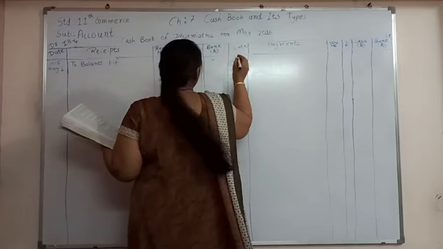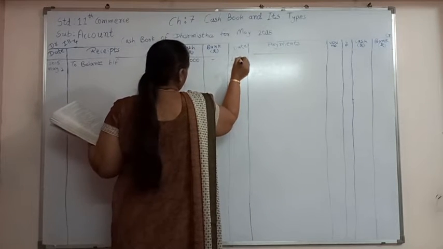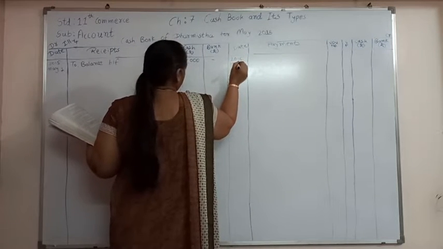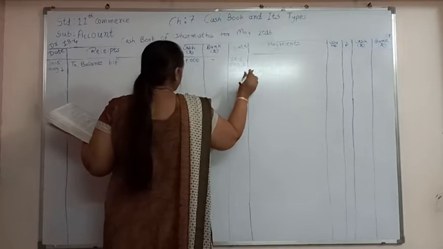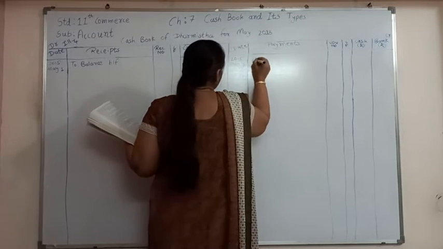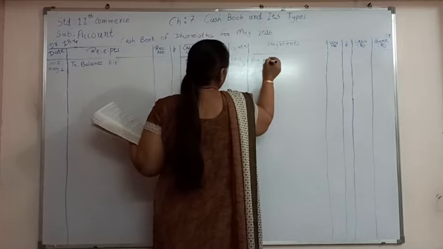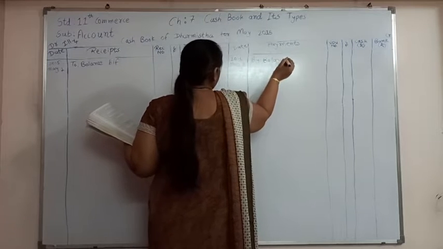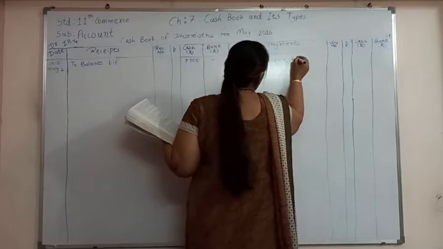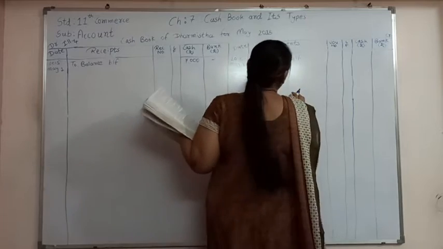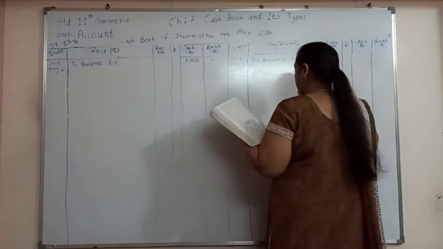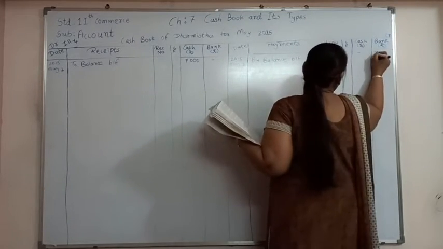Again here we are going to write 2015 May 1st, by balance brought forward in the column of bank, and the balance will be 2,500.